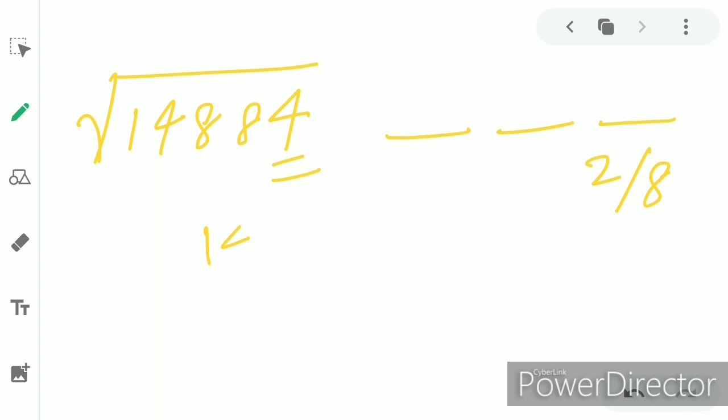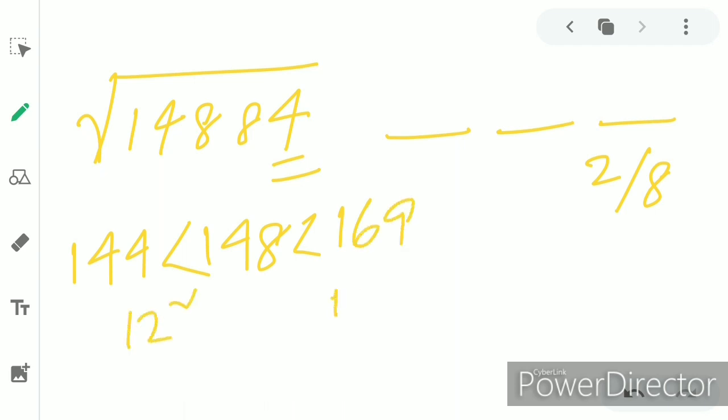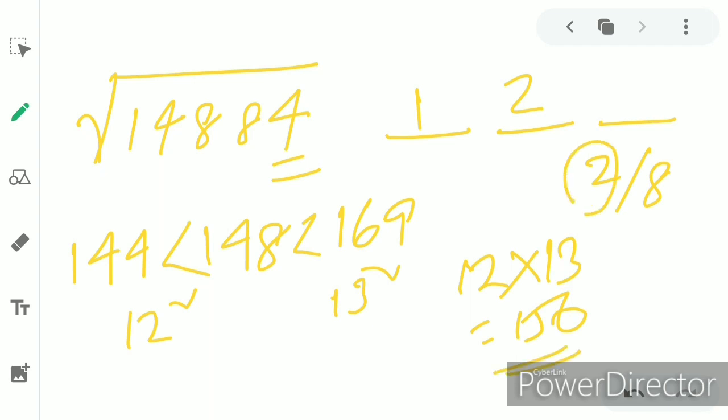Now 148 lies between 144 and 169, that is 12 square and 13 square. So directly you can take 12 for the tens and hundreds places, and 12 into 13 is 156. Now 148 is smaller than 156, therefore you take the smaller number for the units place. So square root of 14884 is 122.